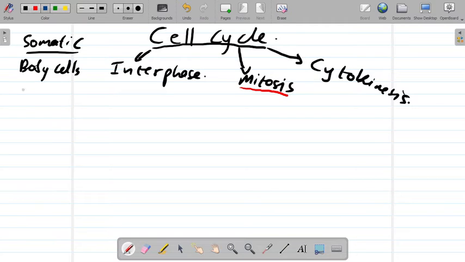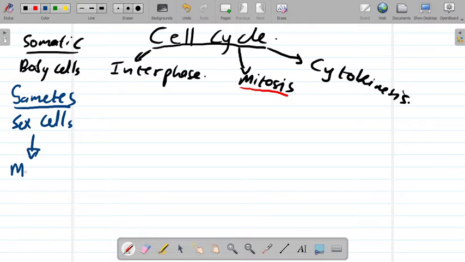And then we have your sex cells. Your sex cells are called your gametes. Remember this from grade 9, you have sex cells. So your gametes, unlike your somatic cells, undergo a very different type of division in the cell cycle.